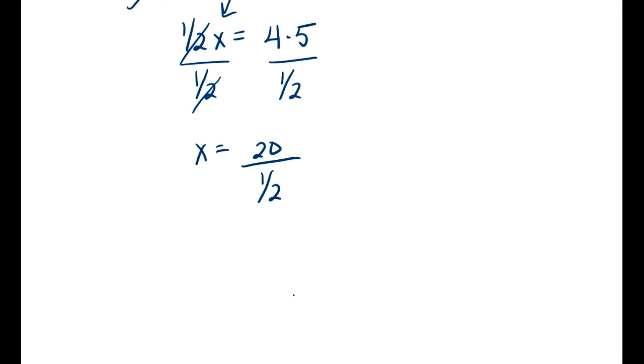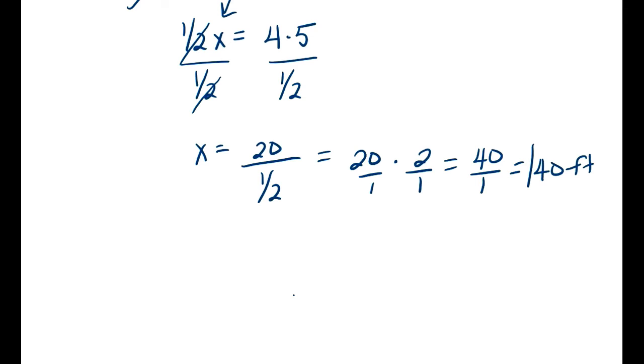When we divide by fractions, it's the same thing as keeping the top number the same and flipping the bottom so that I can multiply straight across. And when I do that, I get 20 times 2, which is 40, over 1, which is just 40 feet. So the length of our classroom is 40 feet.